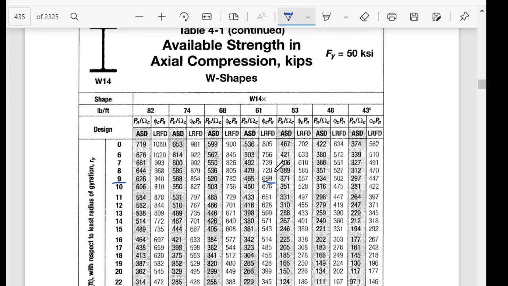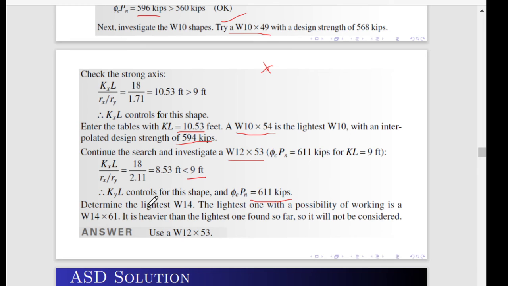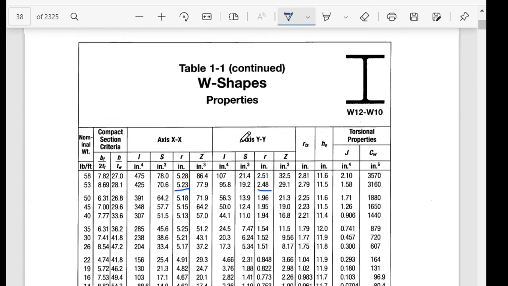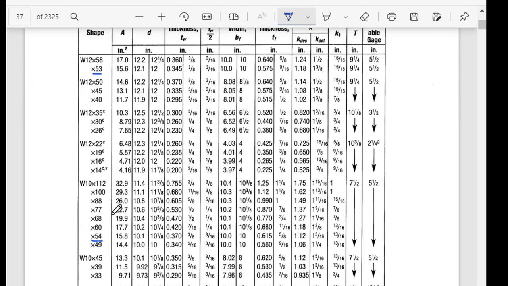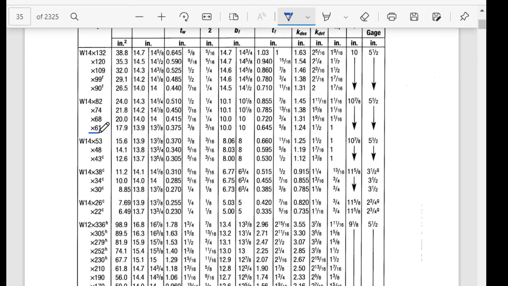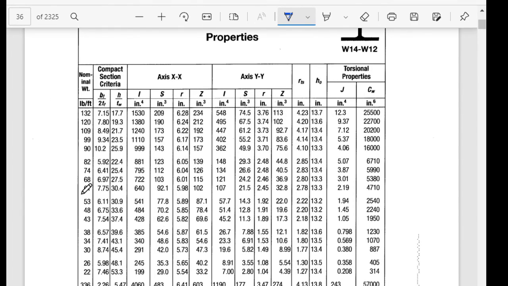So, we'll try to check the KL for the strong axis. Remember, for W14 by 61, we look for RX and RY, then get the ratio. But we have no radius of gyration here. In the next table, W14 by 61, the radius of gyration along X is 5.98 and along Y is 2.45.